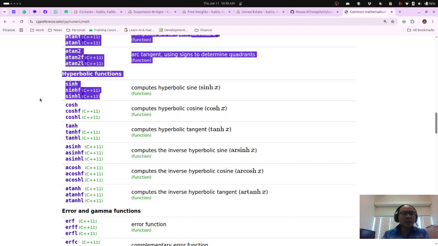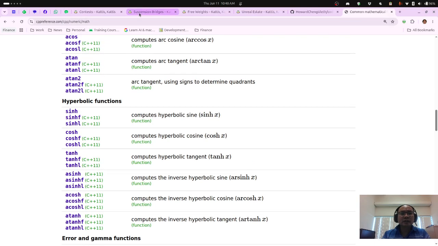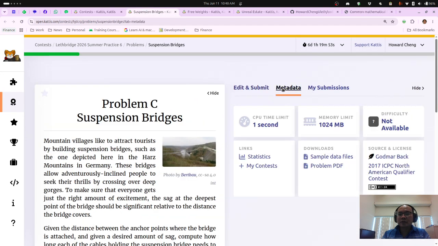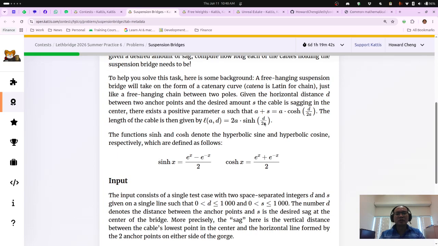Hyperbolic sine and cosine functions are already implemented since C++11. So you don't actually need that. This was in 2017, but maybe for some language it's not in the language. But anyway, you don't actually need to worry about this definition. You can just use it. All right, so what should we do? Basically, we're looking for value a that will solve this equation, right?